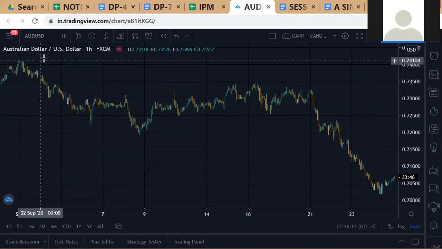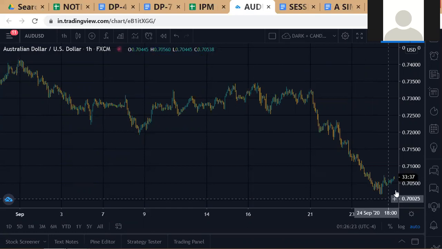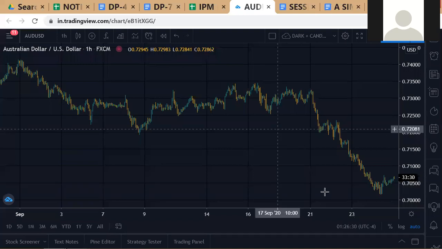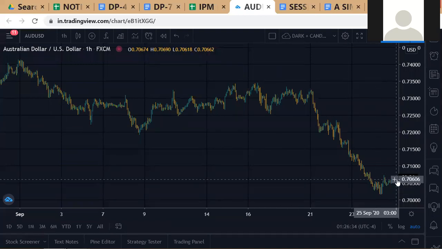It used to be here about 74 cents you required, 74 US cents to buy 1 Aussie at this point. But now we need much less, around 70.5 cents, over here. But the 1 Aussie has never changed. So if you look at any chart, you'll have this kind of a relationship between the two assets. One of them will never change. That's the base asset, because base means kind of fixed. You can think of it that way.